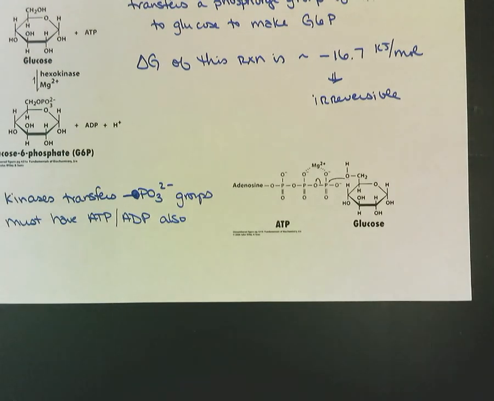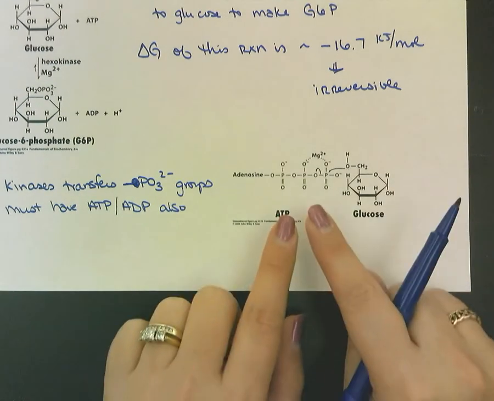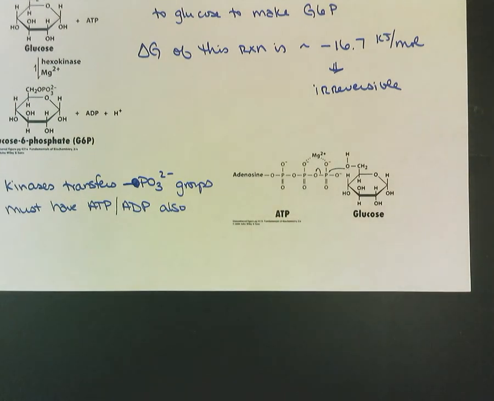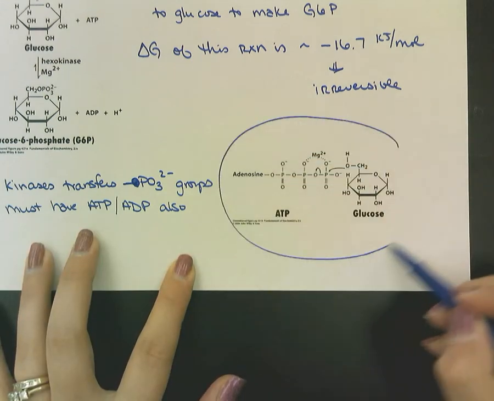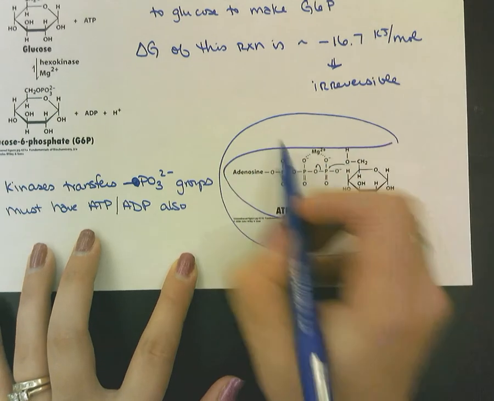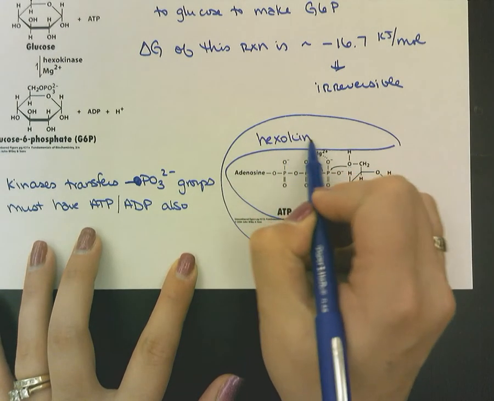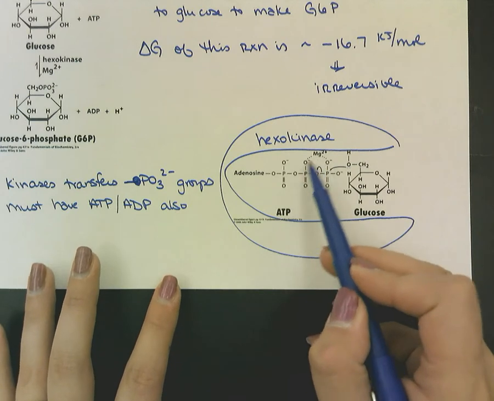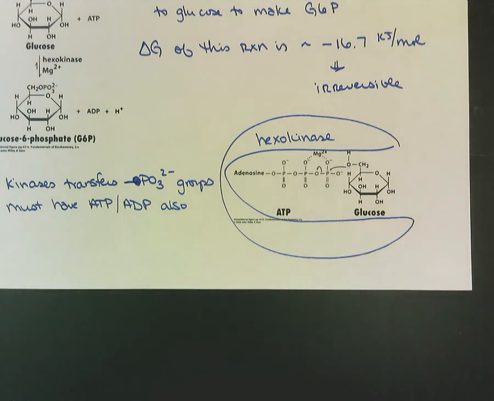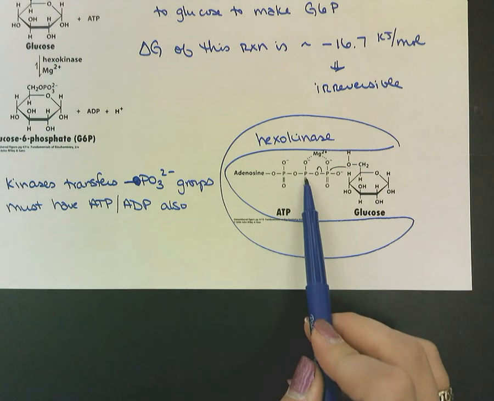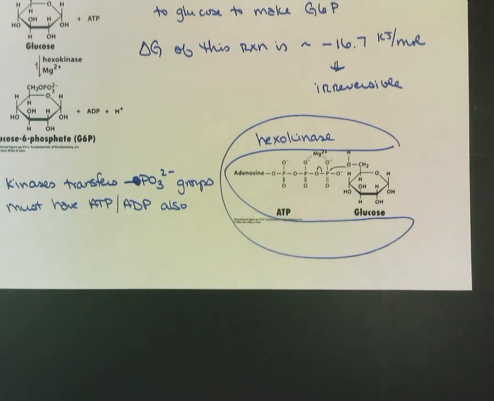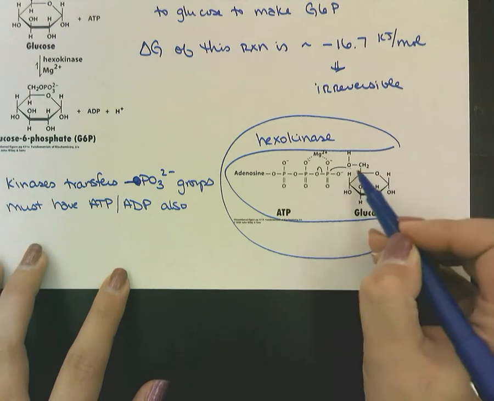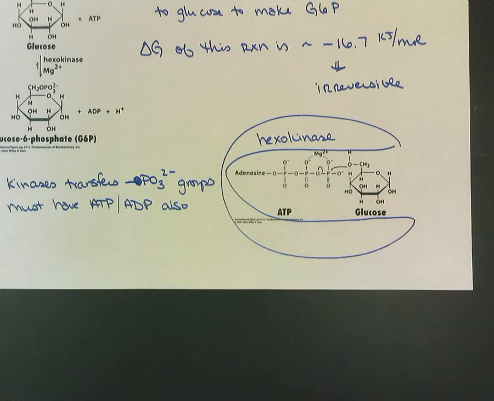Then Victoria asked me earlier about why we need all these magnesiums. This little picture right here is why we need all the magnesiums. So ATP and glucose in the active site of hexokinase need to have a magnesium also available. The magnesium is going to hold on to the negative charges of the phosphate groups on the ATP so that the glucose only cleaves off one phosphate group.